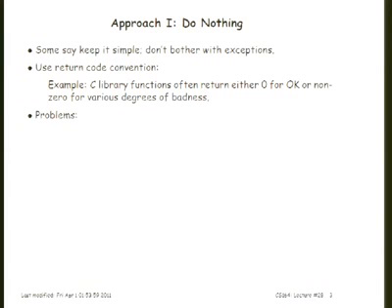It returns 0 if it's okay, and something else if it's not, or it returns a pointer if it's okay, and otherwise returns null. And we set this little integer value, errno, to indicate what the problem was. Well, that has the advantage of being simple. It requires no additional language features.